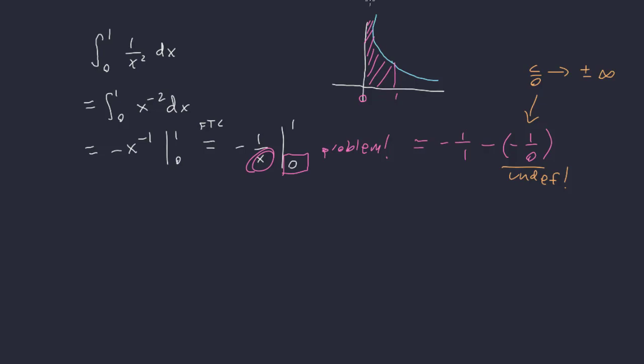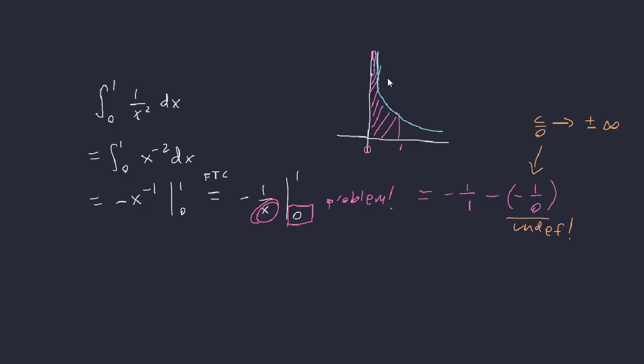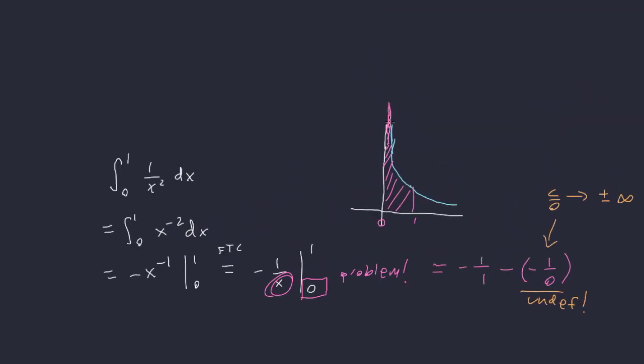Because this function jumps up, we have a vertical asymptote, we have blow up, and it never dies down. So we get what some would argue must be infinite area, right? Because it just goes right off the screen. And I could keep this going forever and ever and ever if I wanted to.